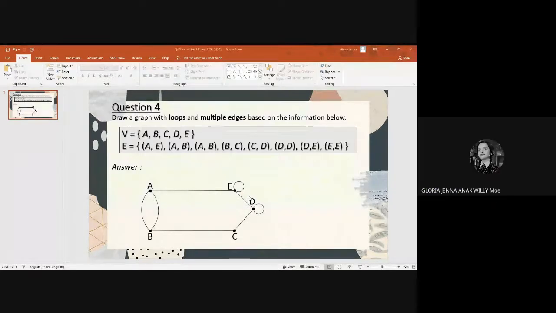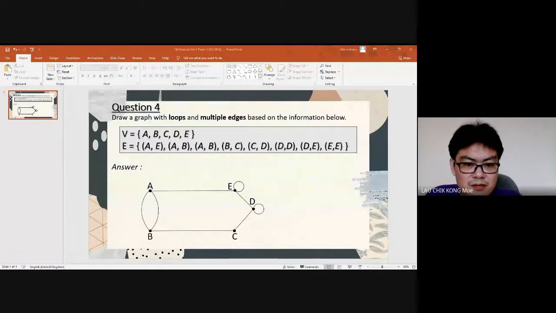Okay. Actually, Gloria, your sound is very soft. Okay. So the graph should involve loops and multiple edges. If you look at the DD and EE, these are loops, and the multiple edge is AB.